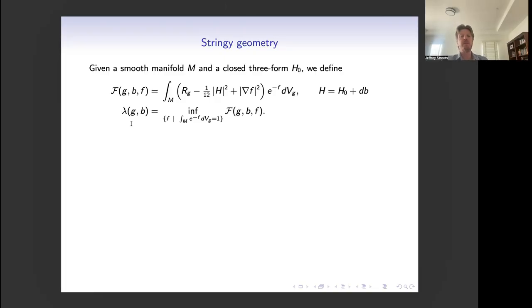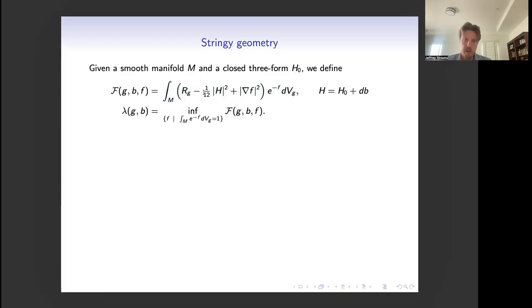The place I want to start is with the foundational point of stringy geometry, which is this generalized Einstein-Hilbert action. If I have a smooth manifold M and a closed three form H naught, I can define this integral for a metric, a two form, and a function f as follows.